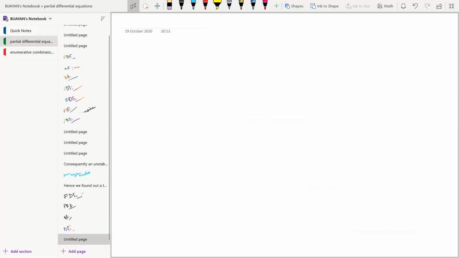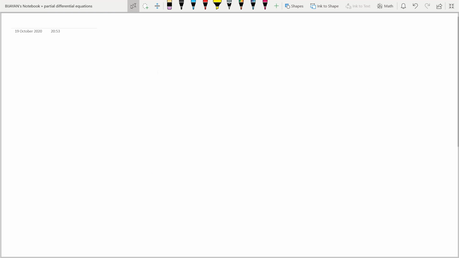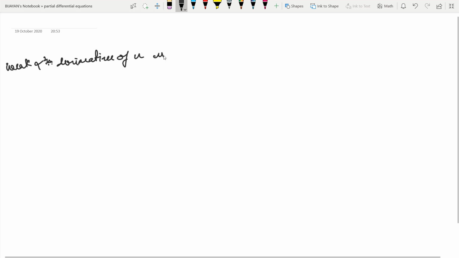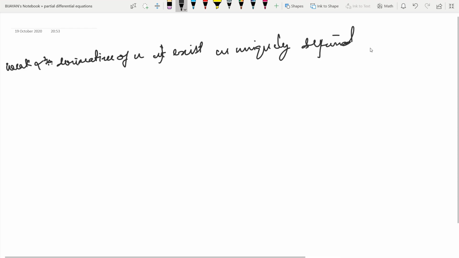Now we are equipped to give the definition. Well, before that, a simple lemma that will be helpful later. The weak derivative of u, if it exists, is uniquely defined up to a set of measure 0.